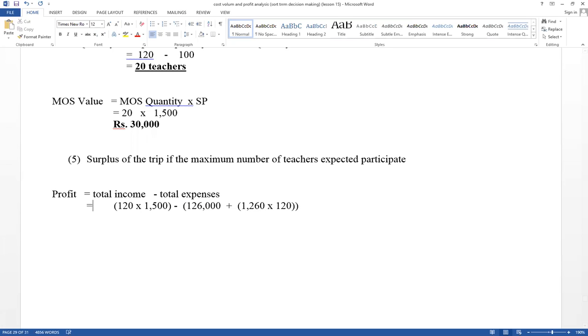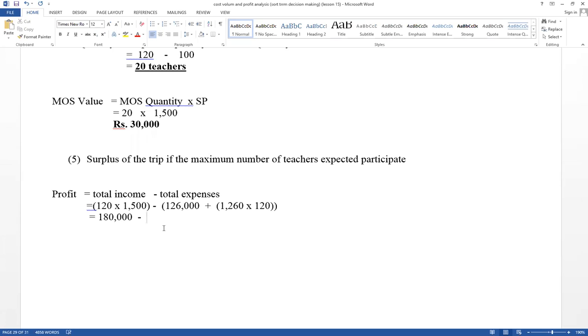Total income minus total expense. Therefore, total income is 120 teachers and fee per teacher equals 1500. Therefore, total income equals 180,000, minus, think about total expense, 126,000.